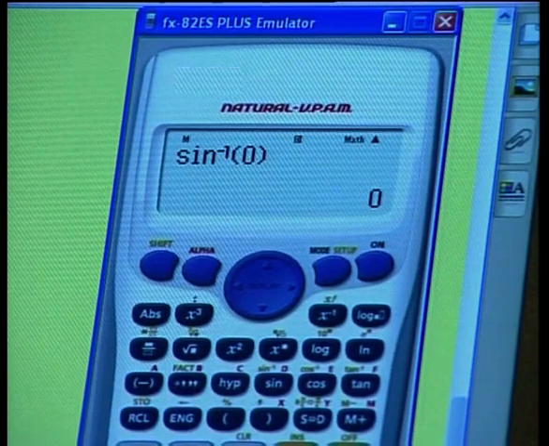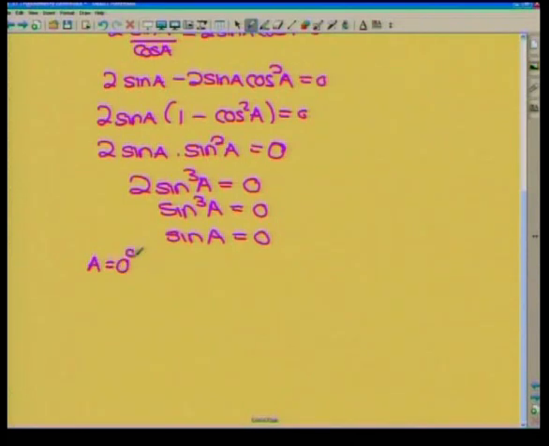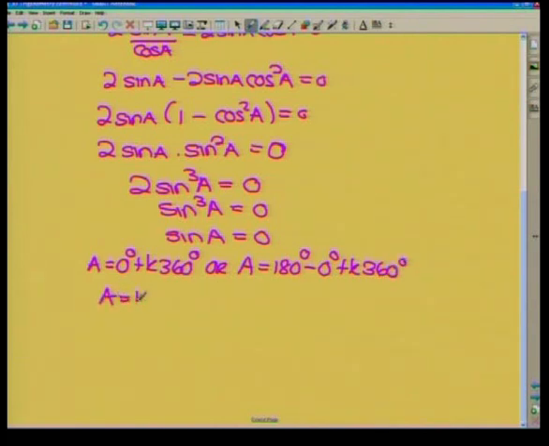So we know that A equals 0 degrees plus K 360, or A is equal to 180 degrees minus 0 degrees plus K 360, which means we have A equals K 360, and over here A is 180 degrees plus K 360.